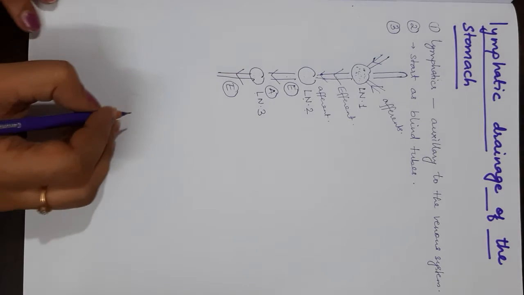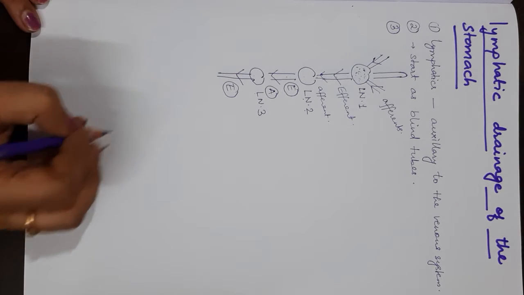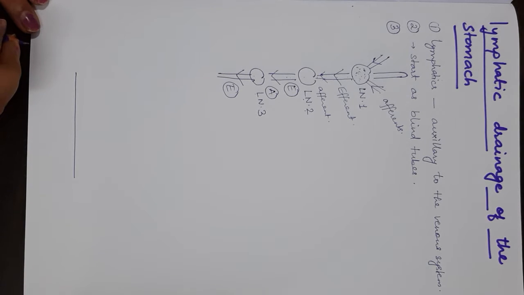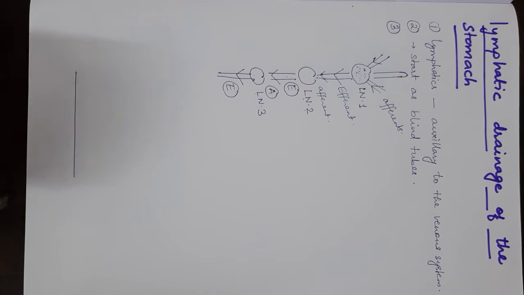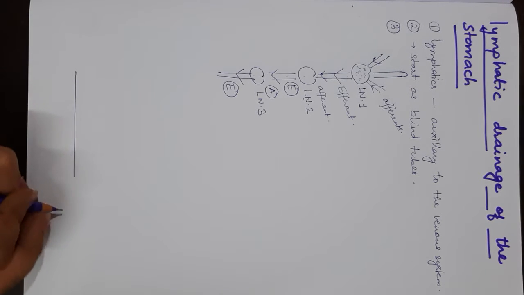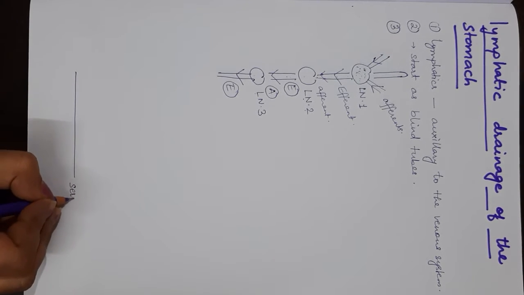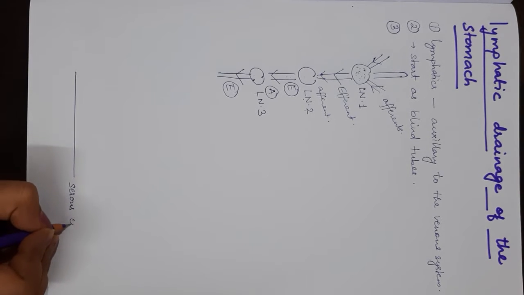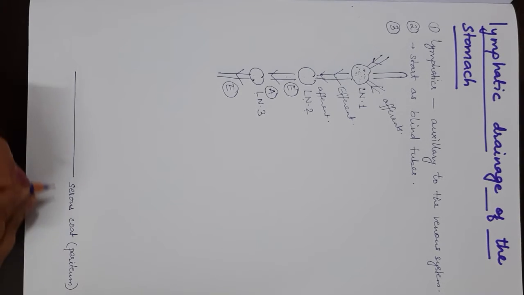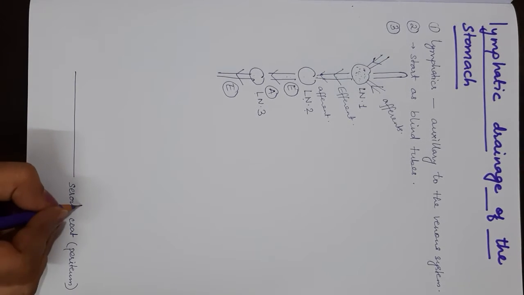So if we see the microstructure of the stomach, the stomach wall has 4 coats. Outside it is covered by peritoneum. So the outermost coat is called the serous coat, which is present on both its anterior and posterior surface.